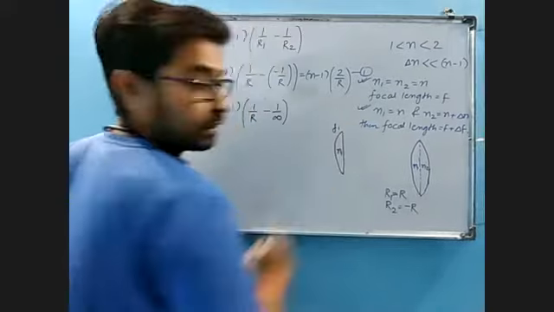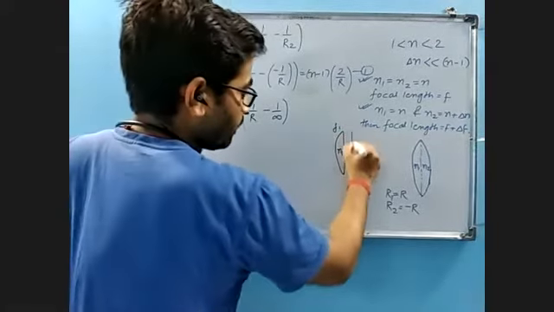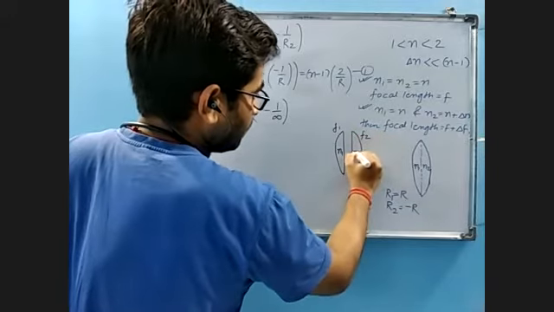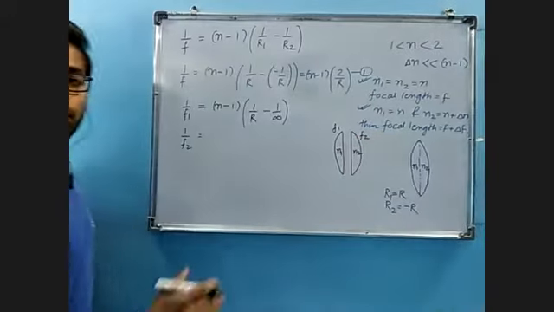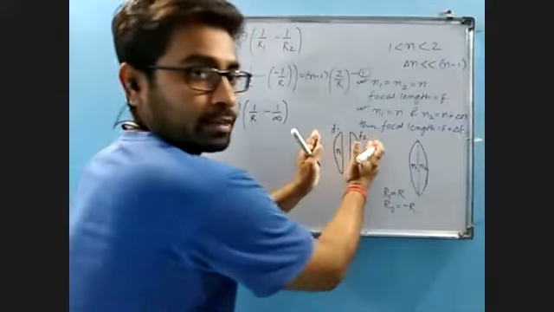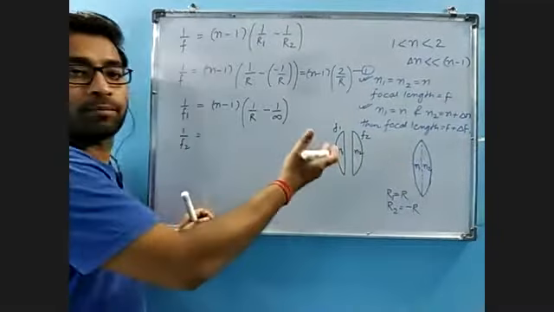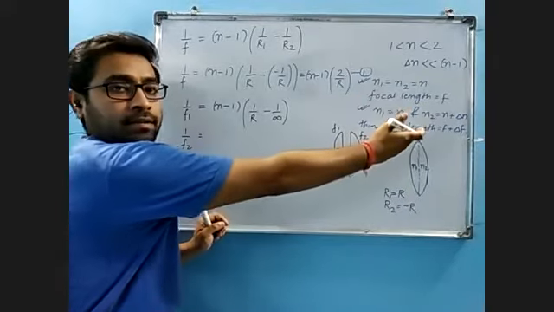This has focal length f1, and this has focal length f2. What we will do is combine these, that means place two lenses in contact to make this particular system, and we will have the combined focal length, that is f plus delta f.